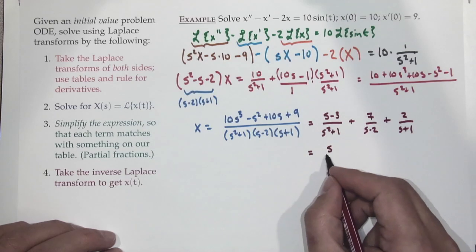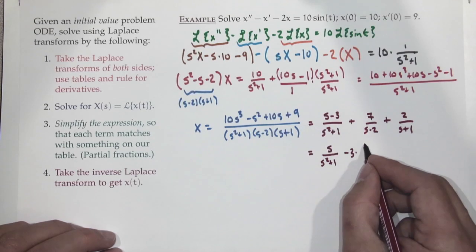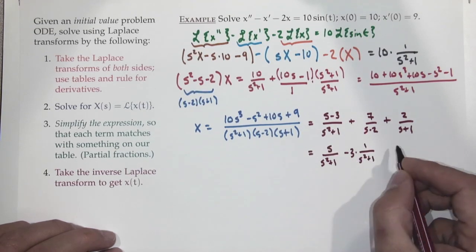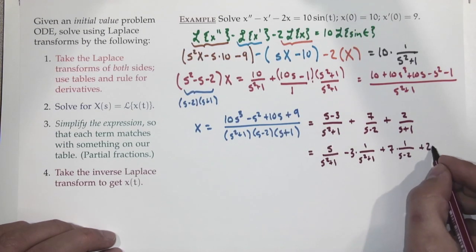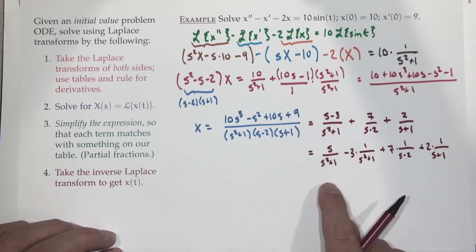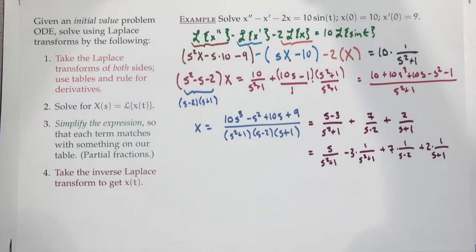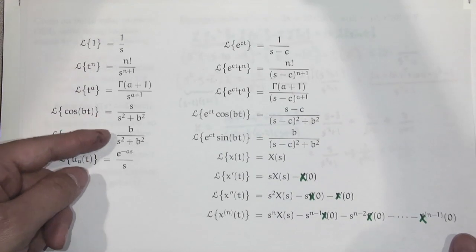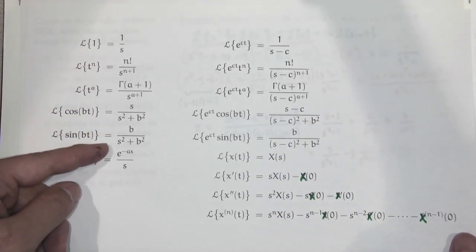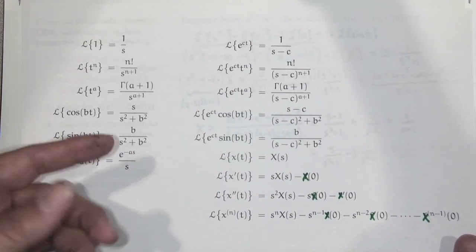This first term I write as s over s squared plus 1 minus 3 times 1 over s squared plus 1 plus 7, 1 over s minus 2 plus 2, 1 over s plus 1. The big thing here is breaking up the first part. Because when we look at our table, s over s squared plus 1 is good, and 1 over s squared plus 1 is good, but not like s plus something over s squared plus 1.